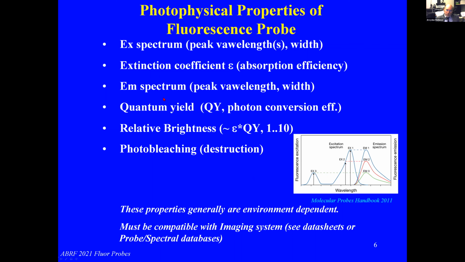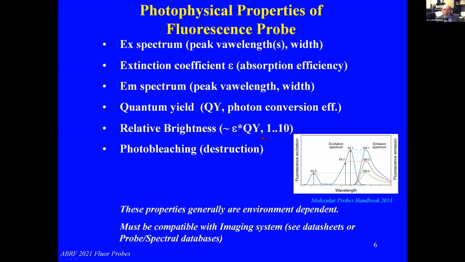Emission spectrum, which again we can quantify with peak wavelength and width. Then quantum yield, which shows the efficiency of conversion between excitation and emission photons. Relative brightness, which theoretically is the product of the previous two parameters.